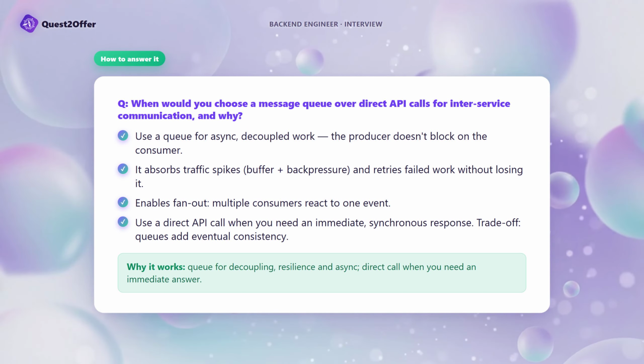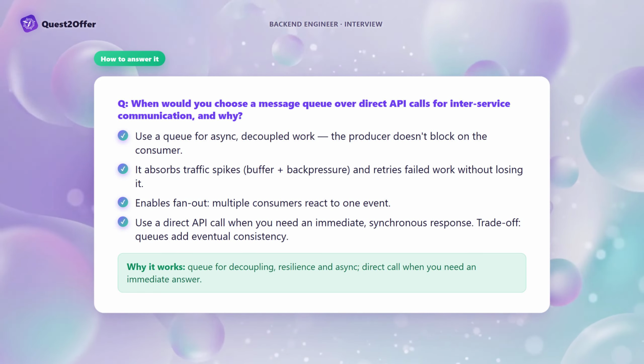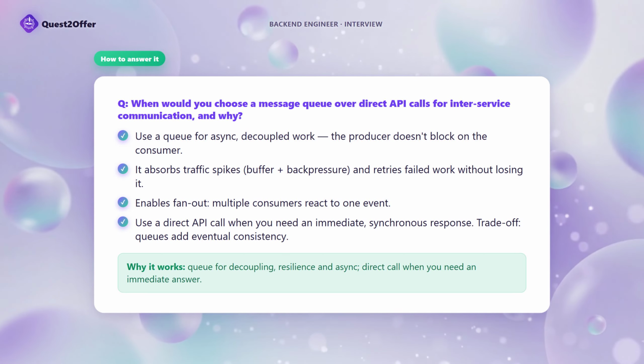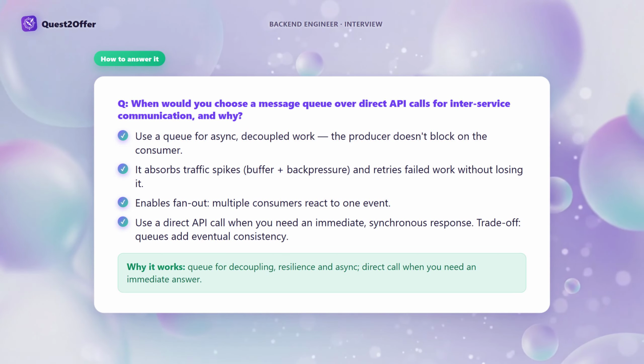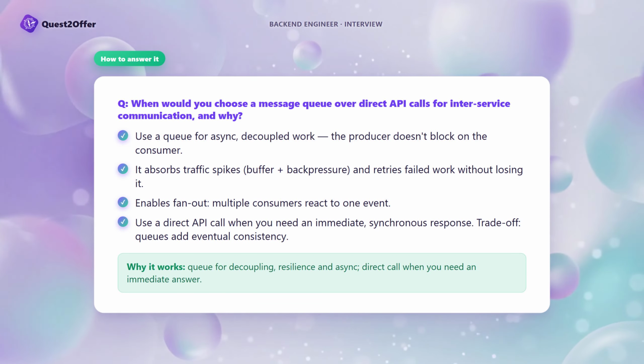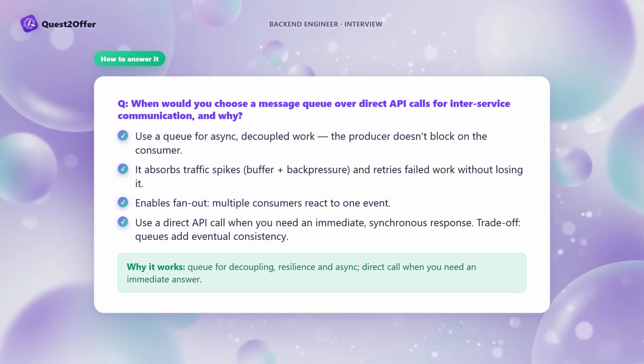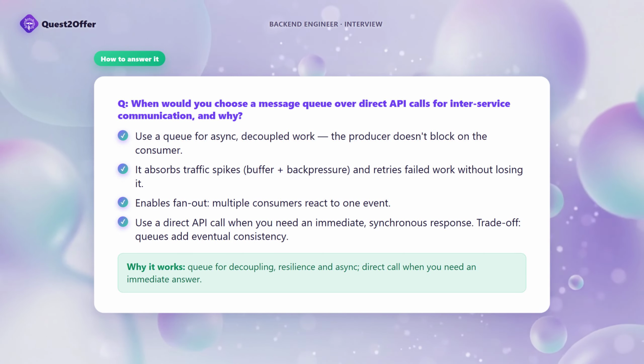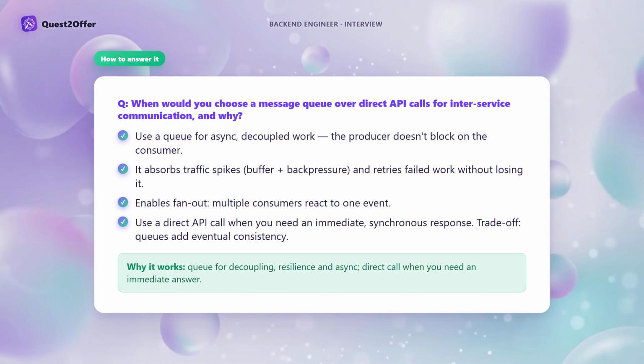The producer shouldn't block on the consumer. A queue absorbs spikes, applies back pressure and retries failed work without losing it, and it lets many consumers react to one event. Use a direct call when you need an immediate answer. The trade-off is eventual consistency.